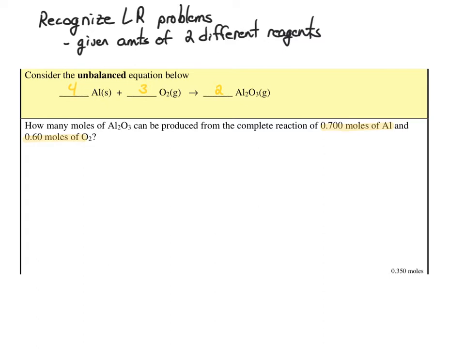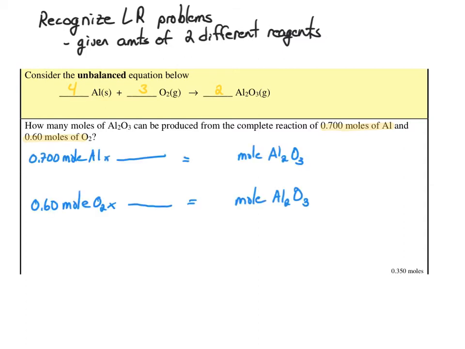So we're balanced. Now we need to determine the limiting reagent. We take each reagent and determine how much product we can generate if all of that reagent were consumed. For each of these, we need a conversion factor that we obtain from the balanced chemical equation. In this first problem, we want to cancel out moles of aluminum.